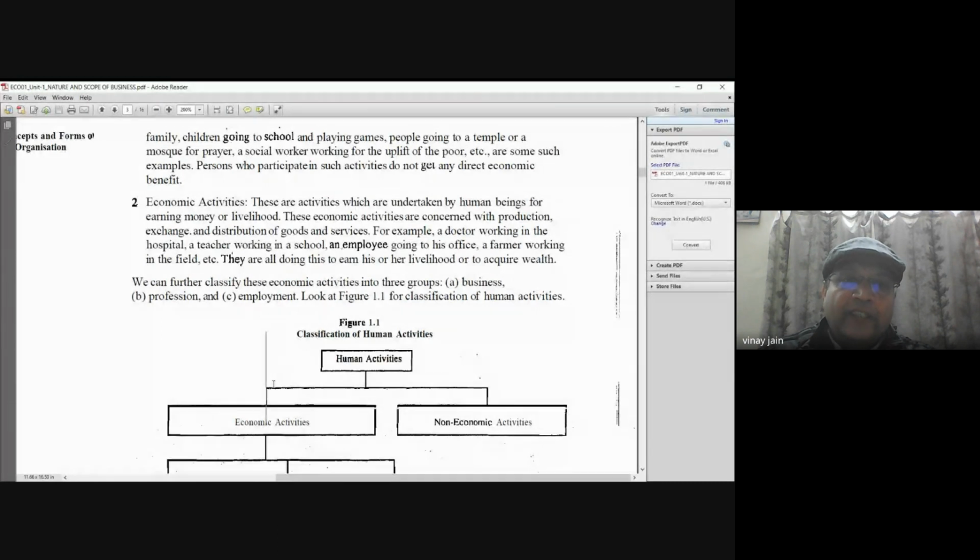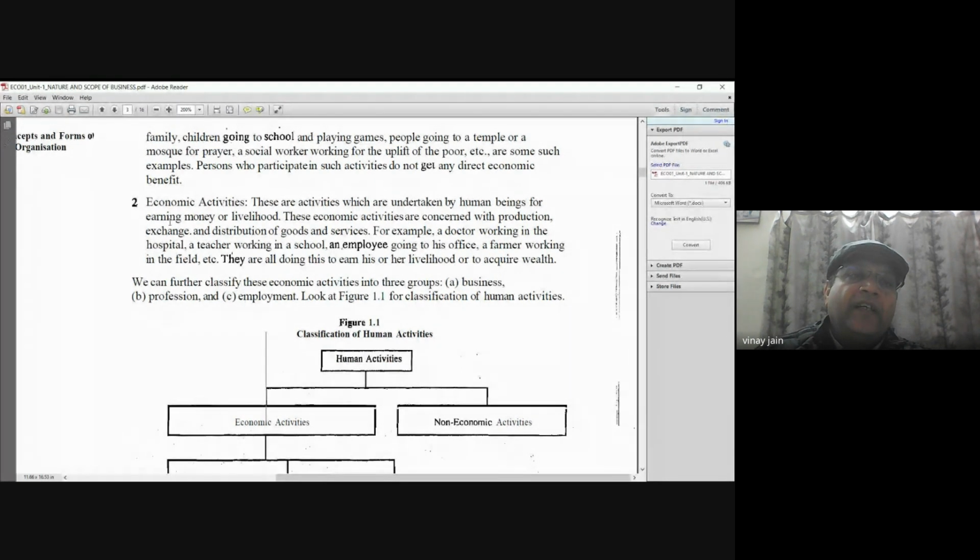So if they are teaching them or serving food to them, it is not an economic activity. While if you are serving food to others and selling your food, or selling your teaching skills, that is economic activity.